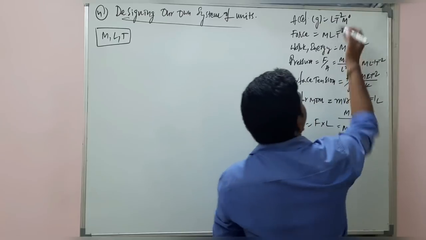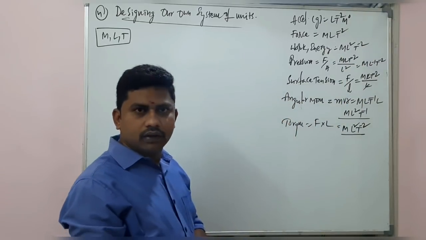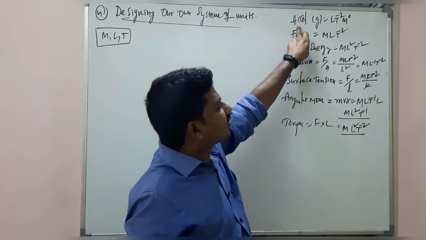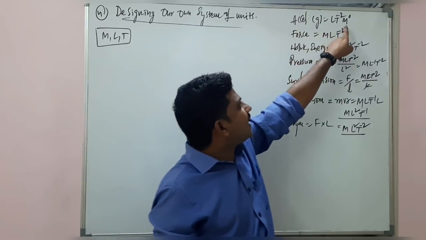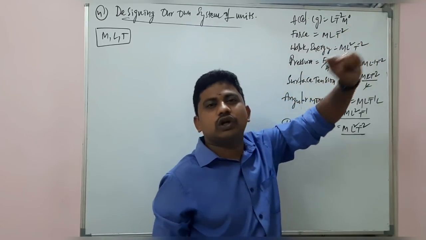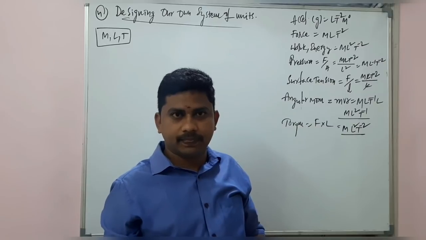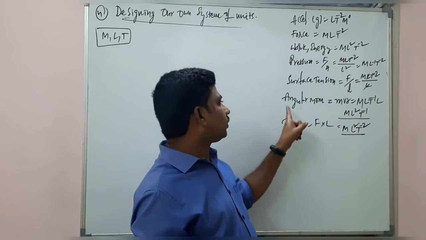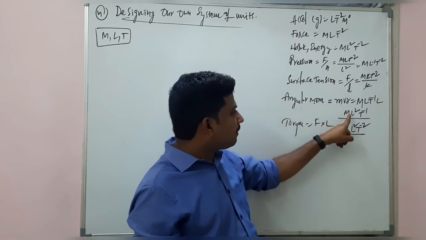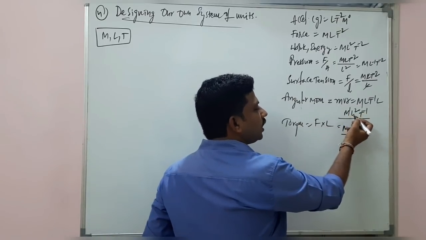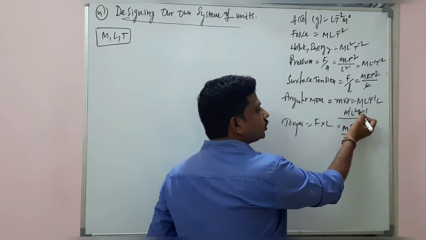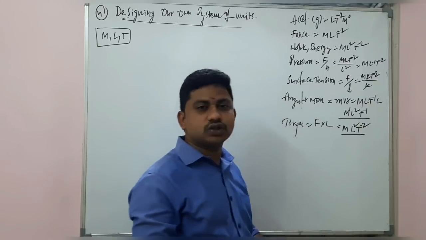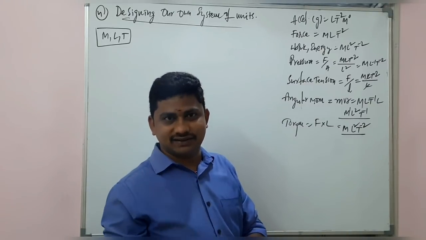The mass is there, M raised to 0. To represent acceleration due to gravity, the mass is raised to the power 0. That's called its dimension. To represent angular momentum, mass is raised to the power 1, L is raised to the power 2, T is raised to the power minus 1. Those are called dimensions.